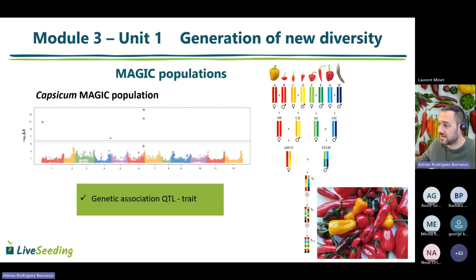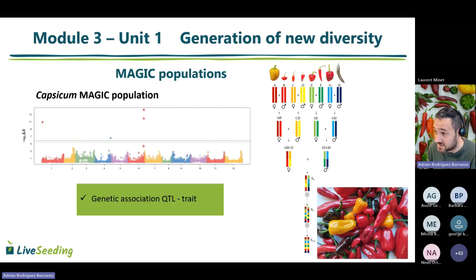So imagine the diversity encompassed by these 300 or 400 strains, S5 or S6 strains, that can be tried in trials.